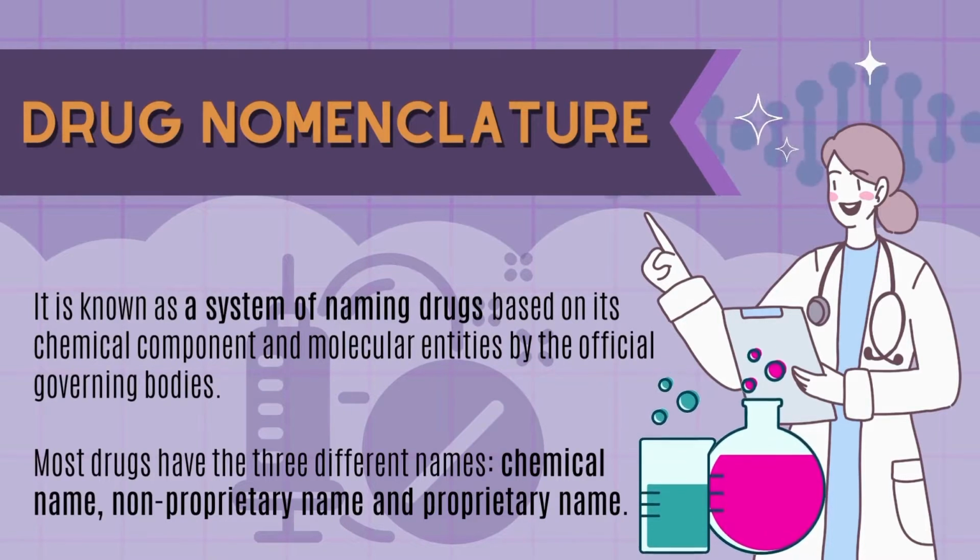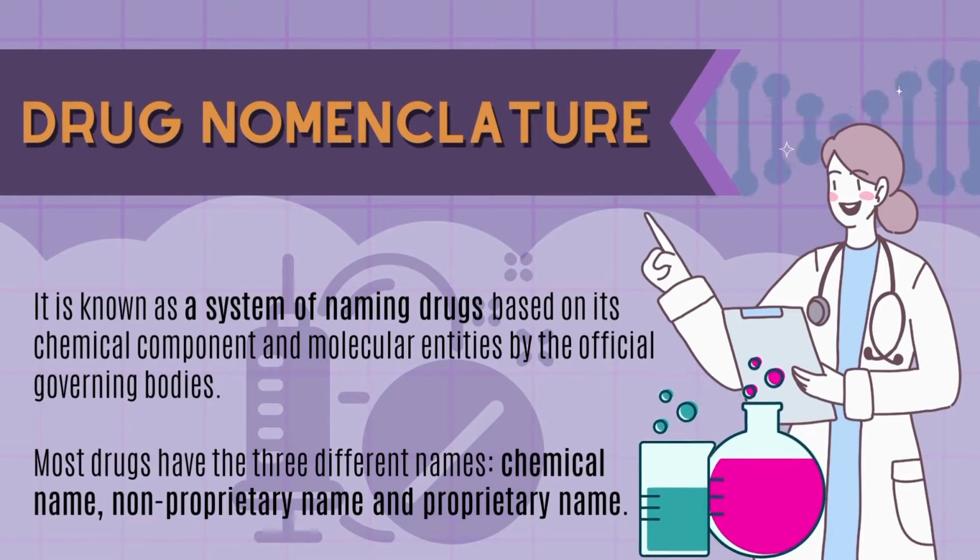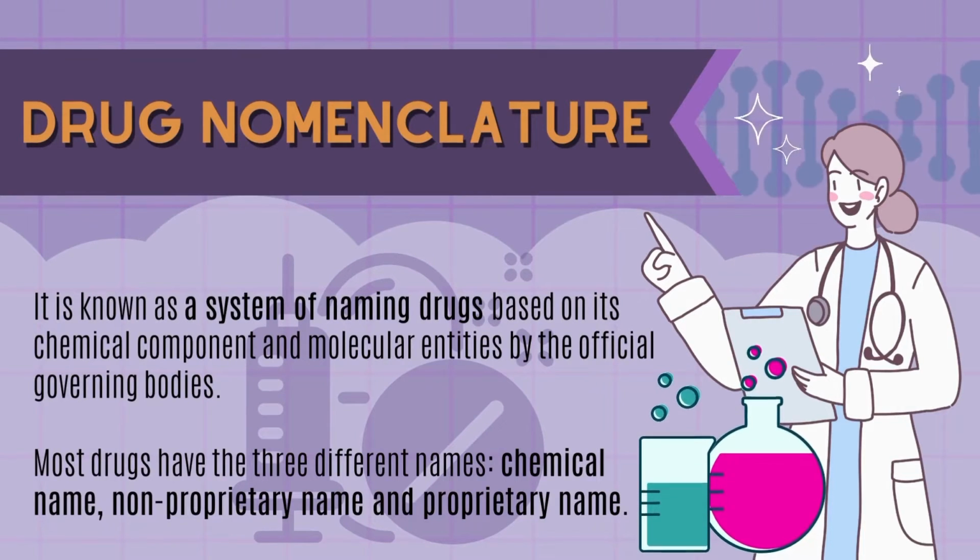Most drugs available in the market have at least 3 different names. These are the chemical name, non-proprietary name, and proprietary name. The chemical name is useful to the chemists, scientists, and technical personnel as it provides the precise arrangement of atoms and atomic groups in a molecule, or the chemical constitution of the drug.